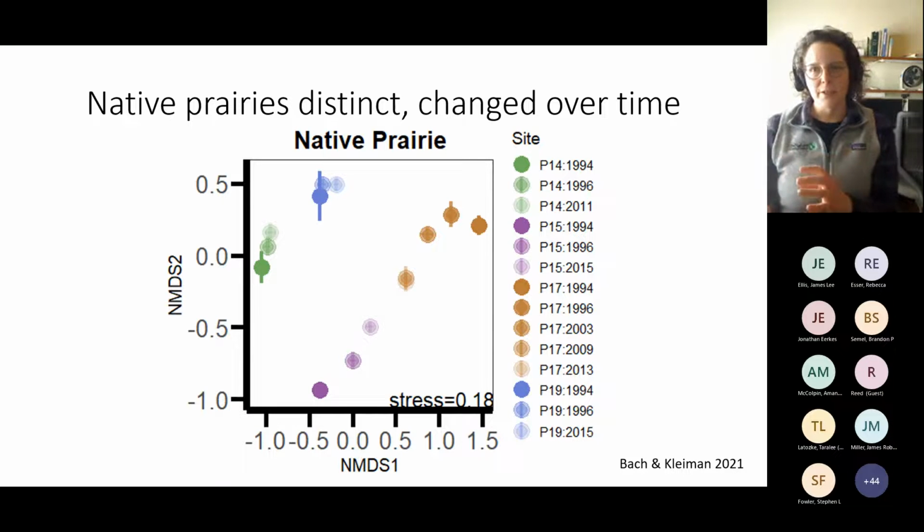And the lighter or more translucent color represents the more recent sampling, probably 2015 or 2013 for most of these. As you can see, the native prairie remnants are actually very distinct from each other. One of the big take-homes here is the plant community in these 4 particular native prairies are very different from each other. And we are seeing that those communities are shifting over time, as you can see those dots of the same color family separating from each other.